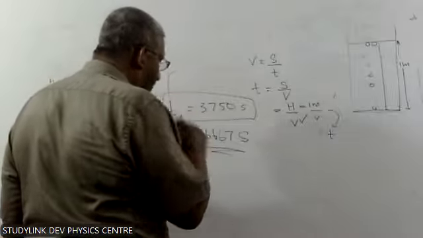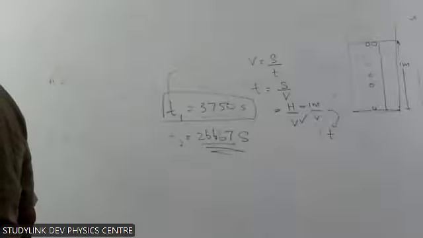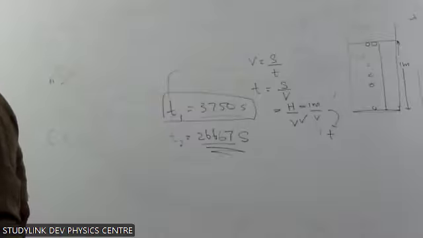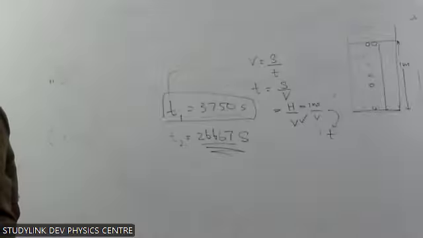This is smaller, this is larger. Then the time is concerned, the first one is 3,750. So that is to be considered first, and then consider T2.